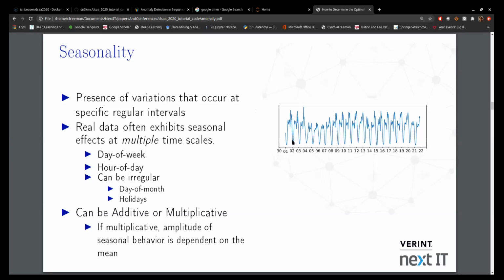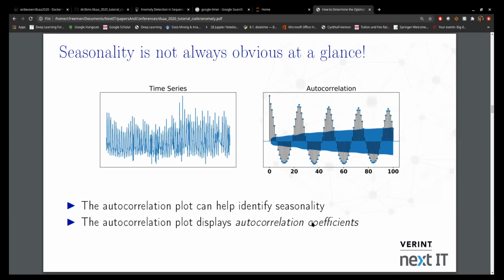Also, this picture makes it pretty obvious we have seasonality just from looking at it, but this is not always super obvious. So if I told you that the time series here on the left had seasonality, it might be hard to tell just from looking at the time series. And obviously you could say, oh, I'll just play with the scaling of this picture and I can see it better.